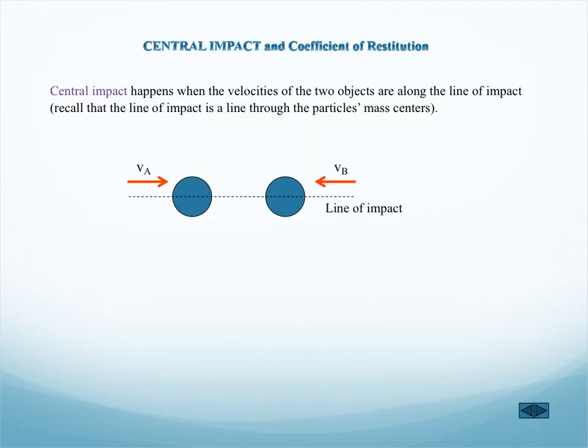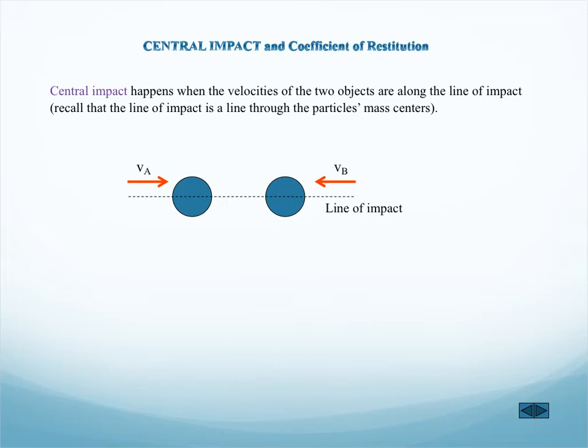So we're going to just look at the idea of a central impact and the coefficient of restitution. In the central impact, the two objects are traveling along the same line, and this is also going to be the line along which the impact will take place. It will also be the line along which the forces will be acting.